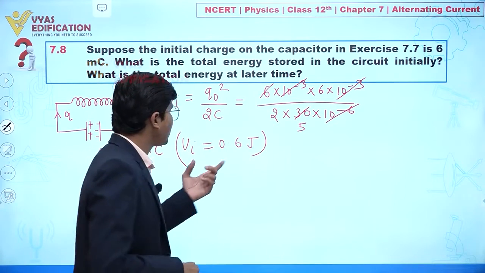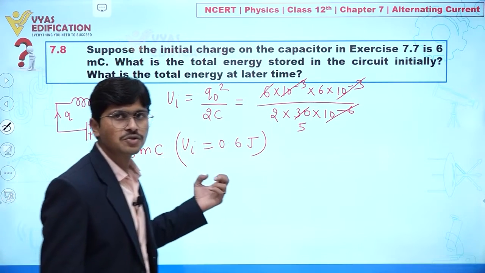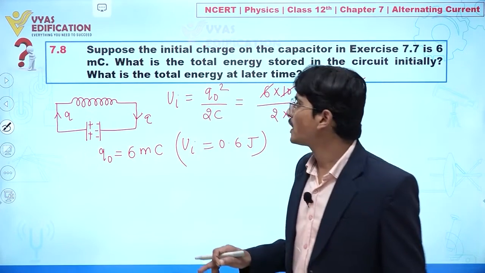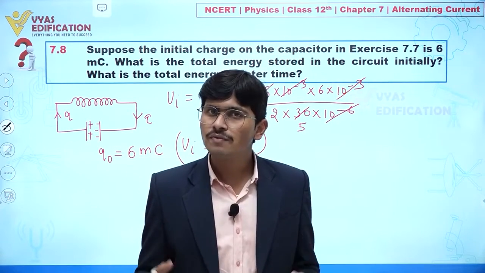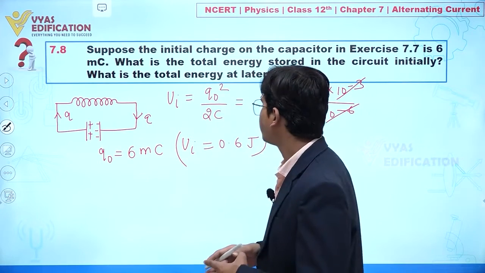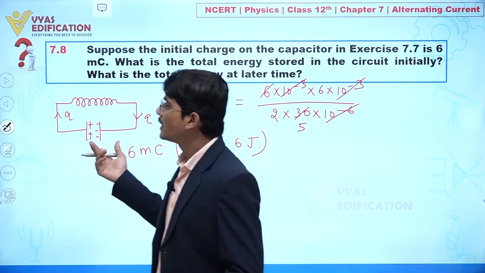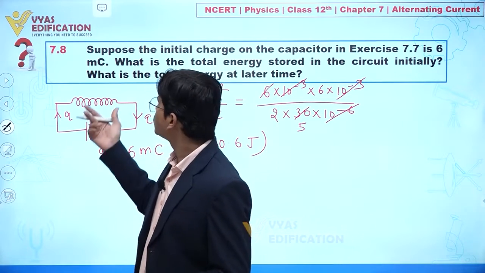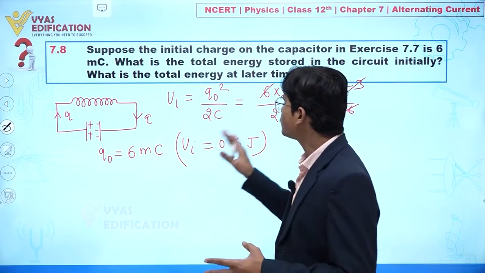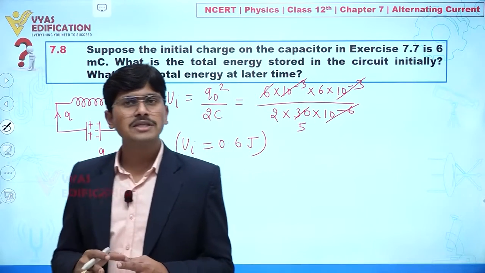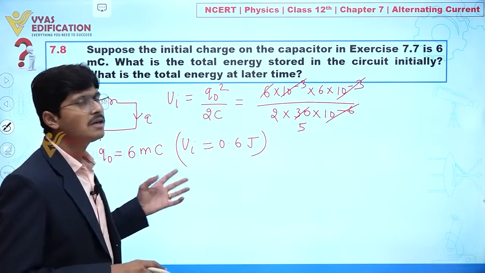So I can say we have initial energy 0.6 joule. Clear? You can say, sir, what about the energy initially in the inductor? That is 0, because the charge is not flowing. So when charge will flow, at that time, let's suppose 0.3 joule of energy is in the capacitor, so 0.3 joule of energy is stored by the inductor. Clear? So like this we can say the total energy of this circuit always remains the same.